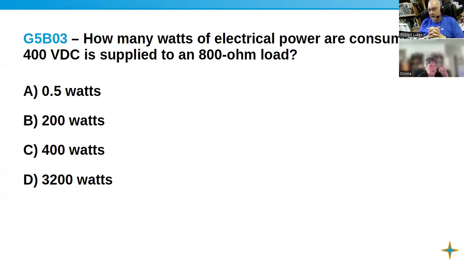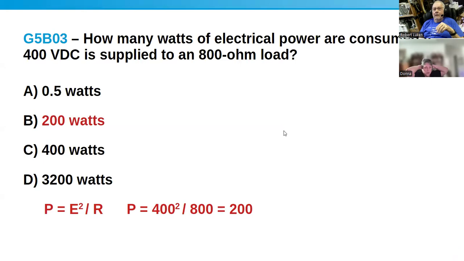What formula do we use for power? You have to square the voltage and then divide by the resistance. That's 200. So Bravo. You didn't use your calculator. I probably should. I should not trust my math.